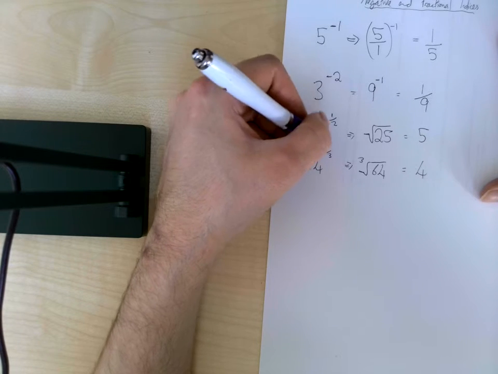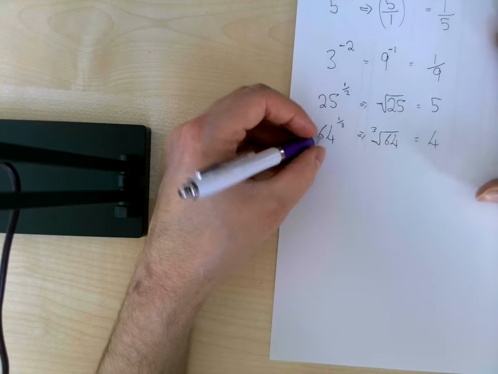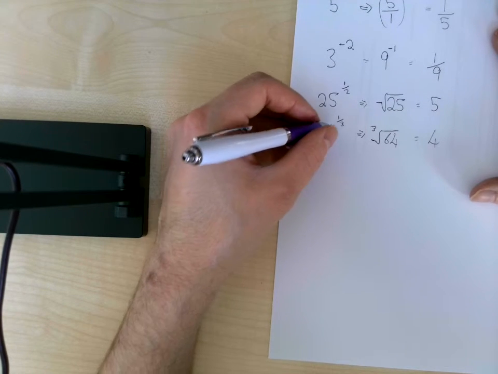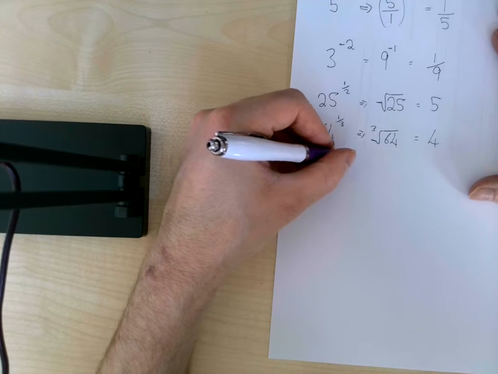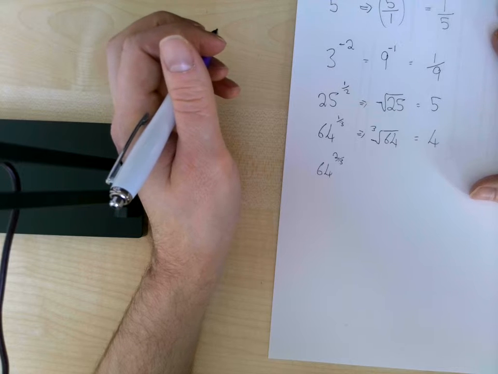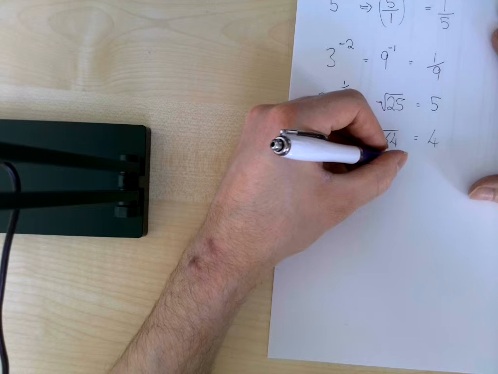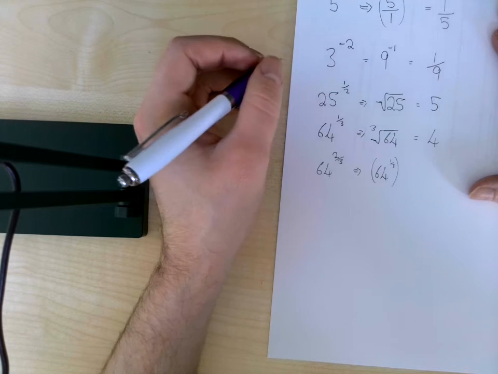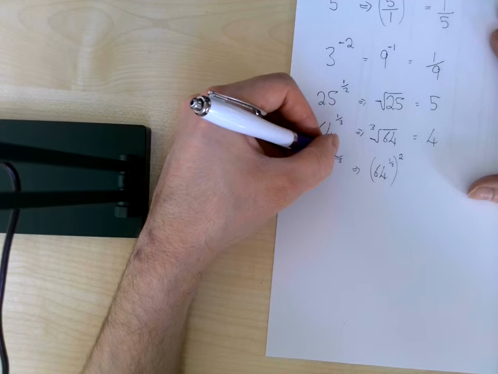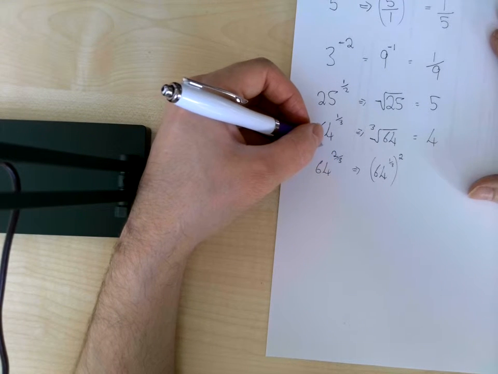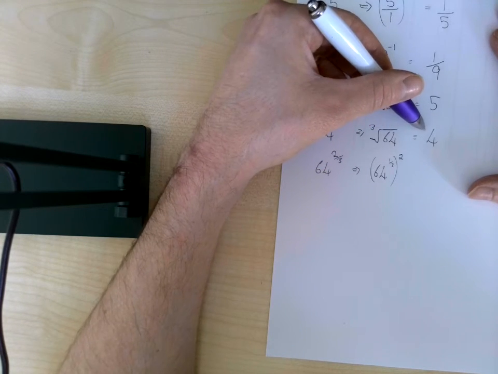And now your basics on fractional indices. If we had 64 to the power of 2 over 3, we can write this as 64 to the power of 1 over 3, and going by our power to a power rule, that would be squared, because we've got a 2 in the numerator. 64 to the power of 1 over 3 we've already found is 4.